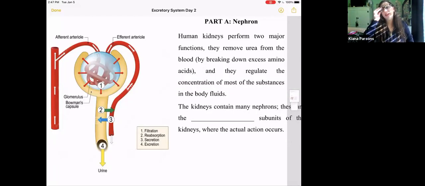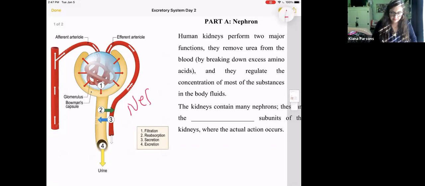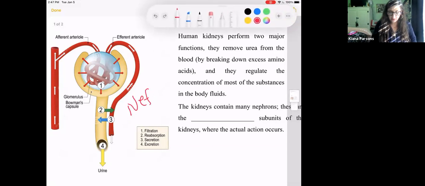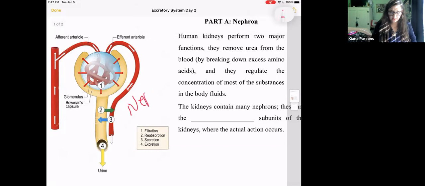All right, so part A, the nephron. This is a nephron. Pardon my complete failure to spell nephron with a PH, not an F. So the nephron is the functional subunit of the kidney.